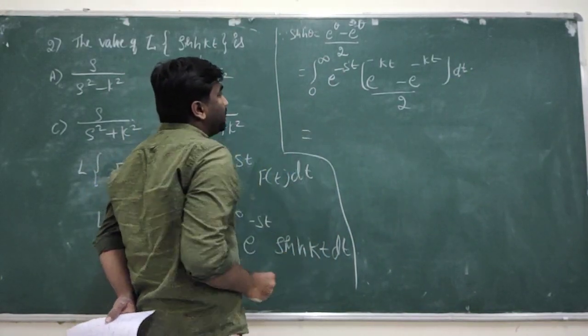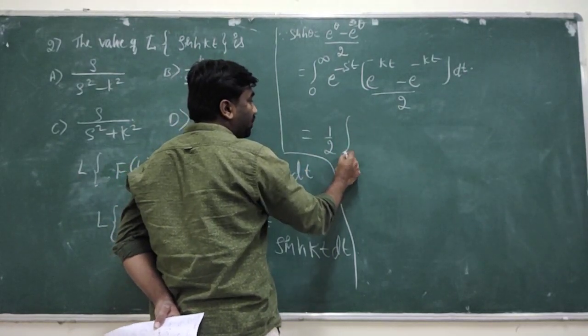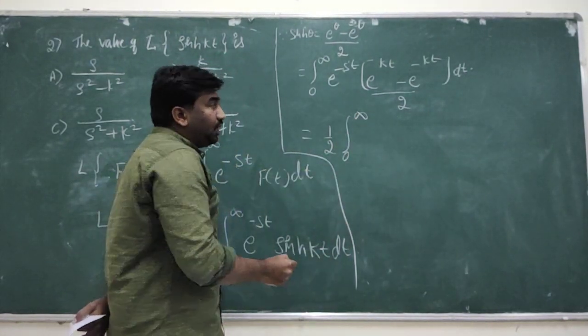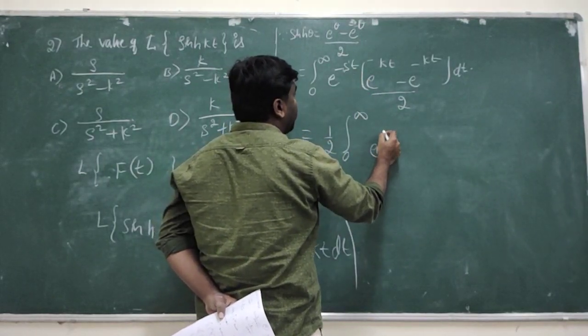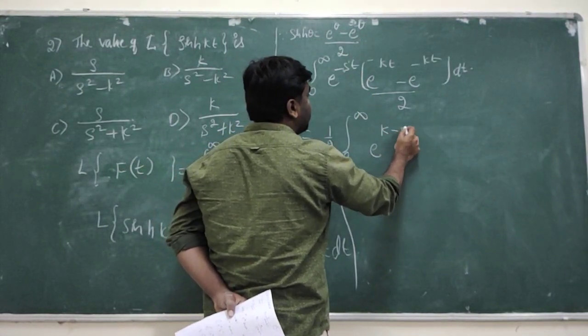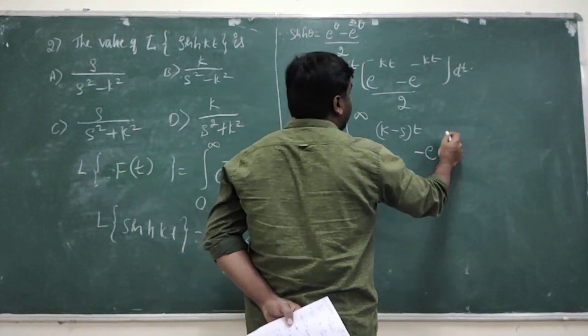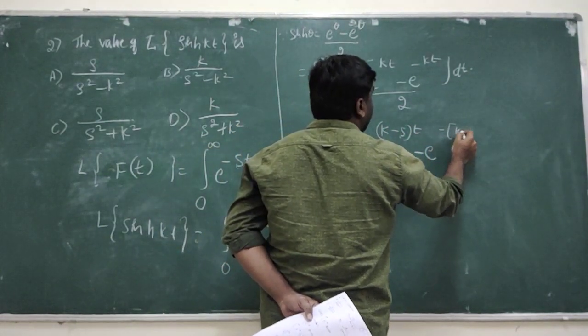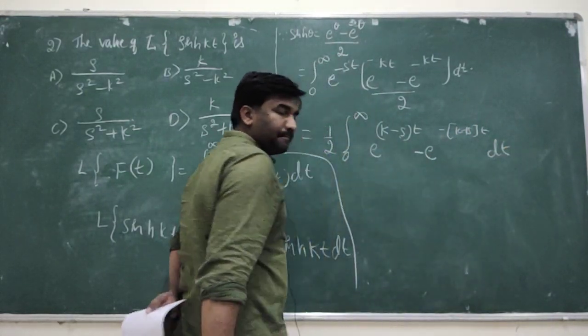which is equal to 1 by 2 into integration 0 to infinity e power kt minus st, minus e power, if we take minus as common, minus of k plus s into t, into dt.